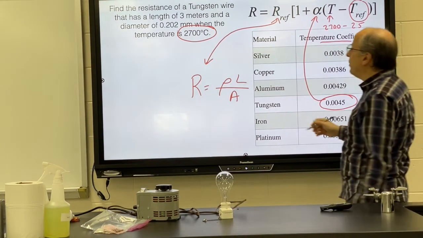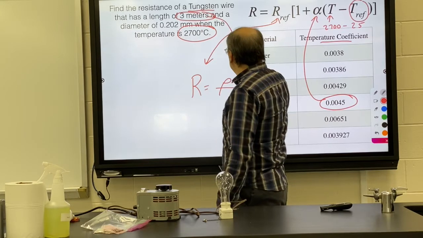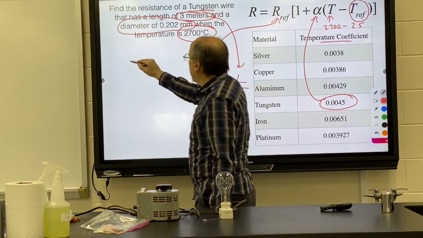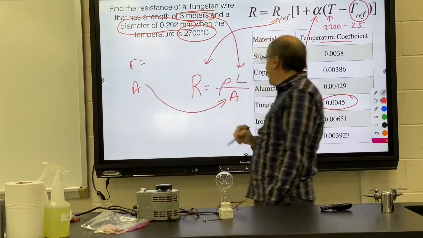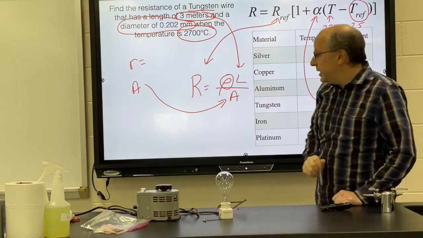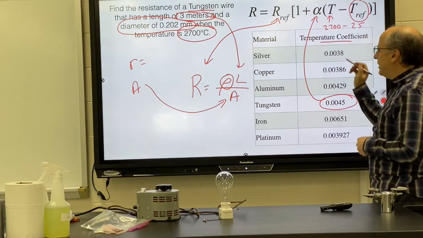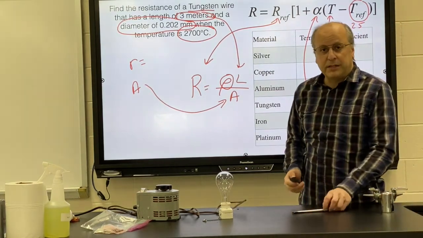Okay, so see if you can do this. Take tungsten, plug in the length of 3 meters, plug in the diameter, turn that into a radius, turn that into an area, make sure you're working in meters, use the resistivity of tungsten from your reference sheet, and find the resistance at room temperature. And then see if you can find it at 2700 degrees Celsius.